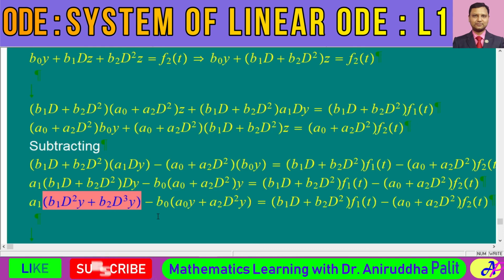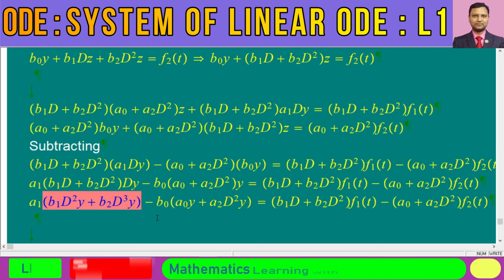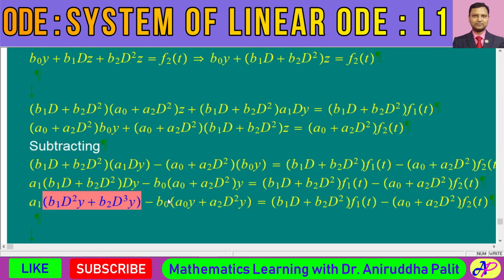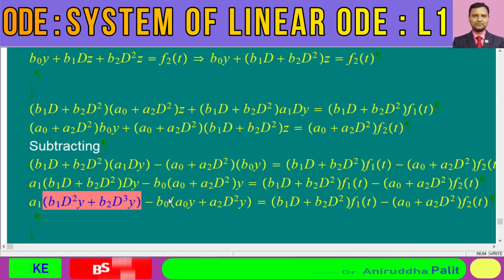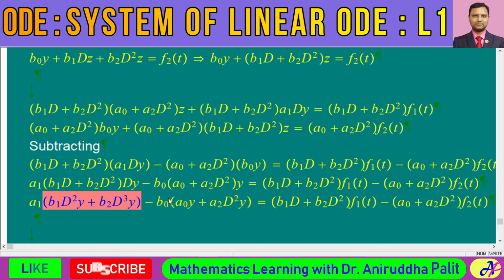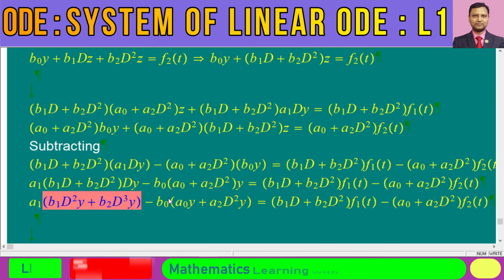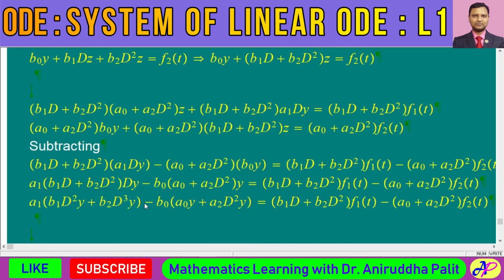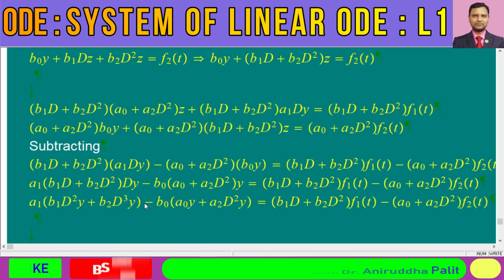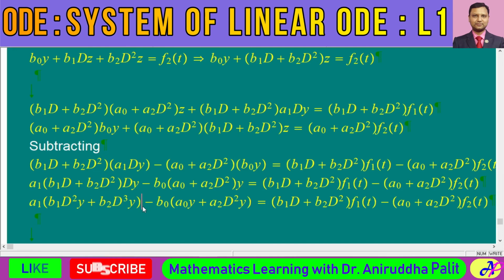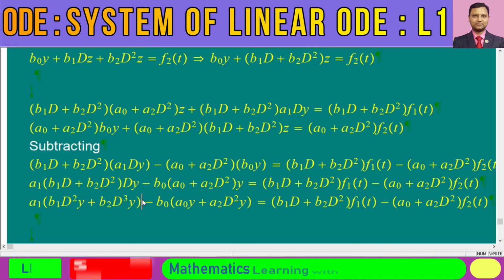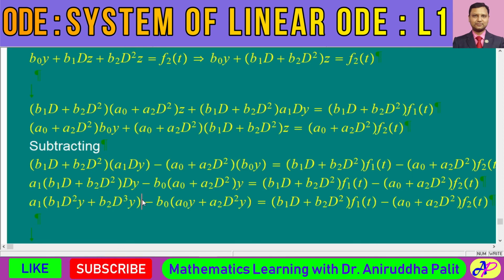The highest order may be much higher than 2. Got it? So if you get a higher order differential equation, the solution of that kind of differential equation might be a bit complicated. So that is the problem in solving this kind of simultaneous linear differential equation. Today I am just stating the problem, not the technique of solving it.